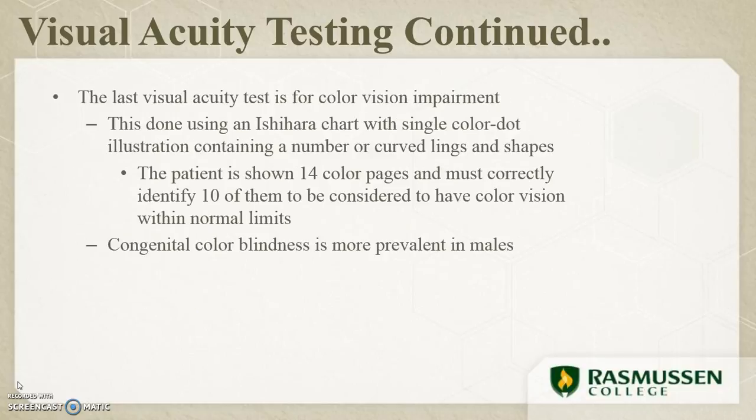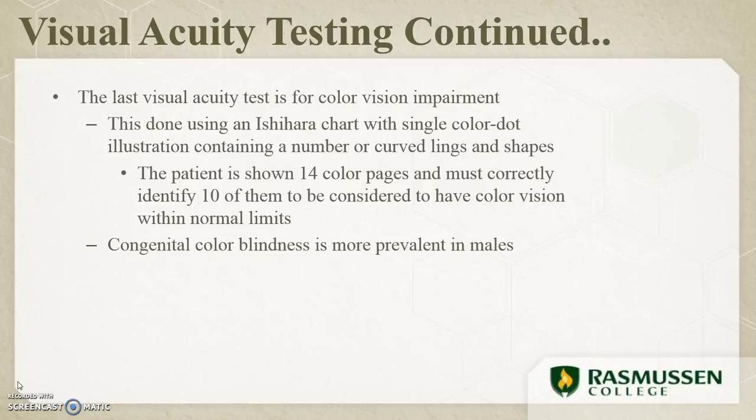And the final vision acuity test is the color vision, or Ishihara. This is the test that tests the inability to distinctly differentiate between colors of a spectrum. Defects in color vision are either from birth, meaning they are inherited, or they're acquired through a disease or an injury.